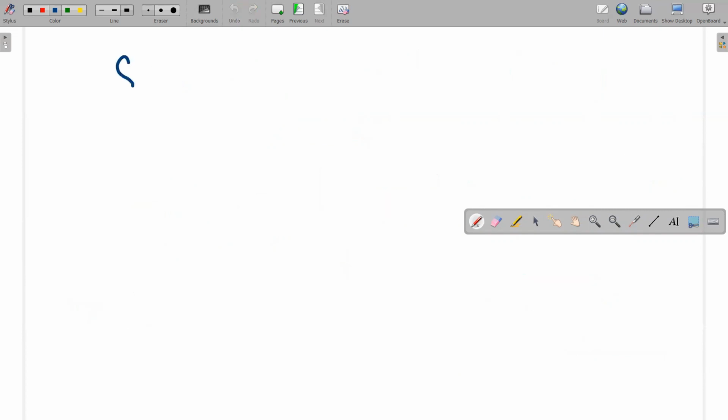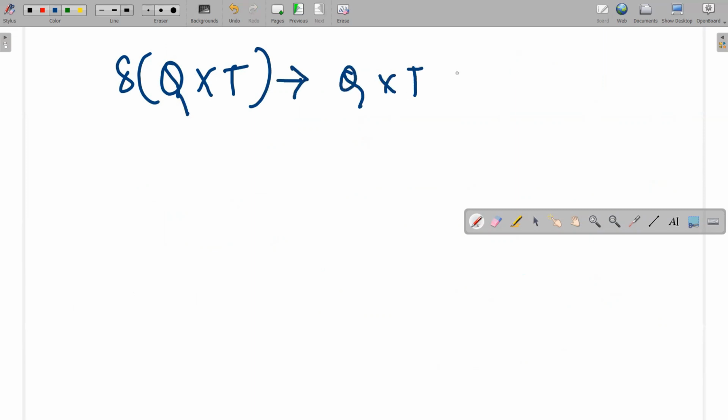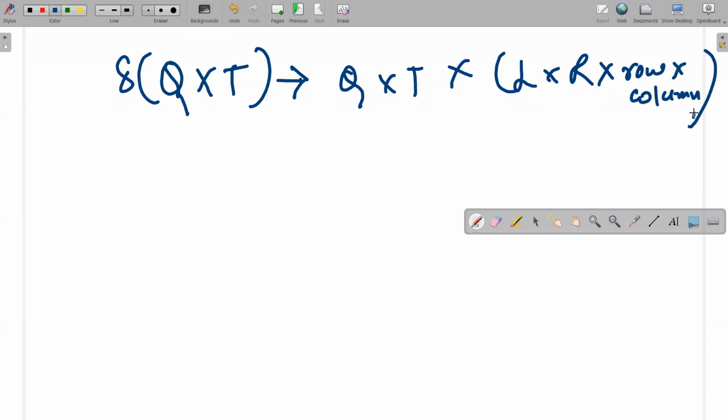Given any particular state and any particular input, the transition function provides the output state, but also performs read and write operations. They will also move in different directions, whether you are going row-wise or column-wise. So that's how it actually works. So that is the whole scenario.